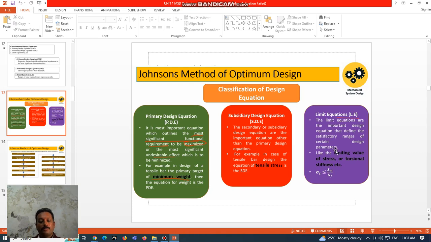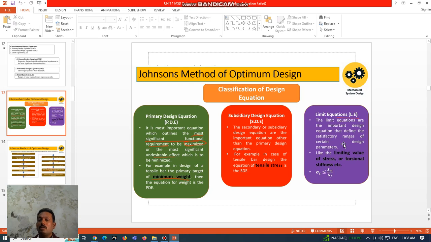The third one is limit equations, LE. Limit equations are the important design equations that define the satisfactory range. So there will be a range of particular values, or we can say design parameter.